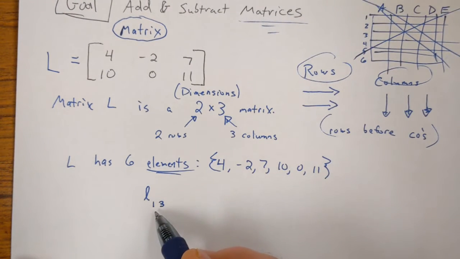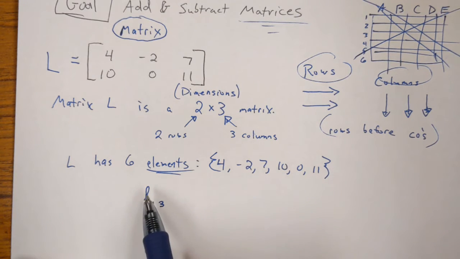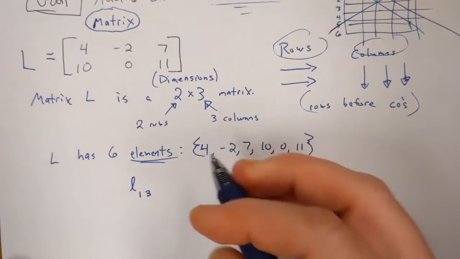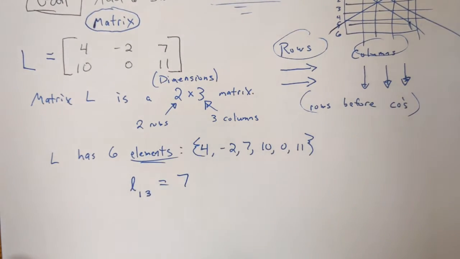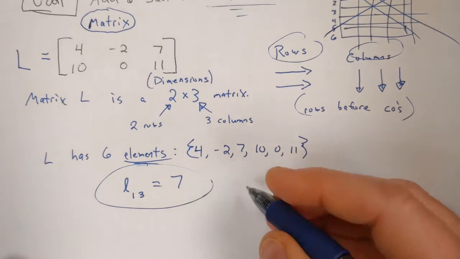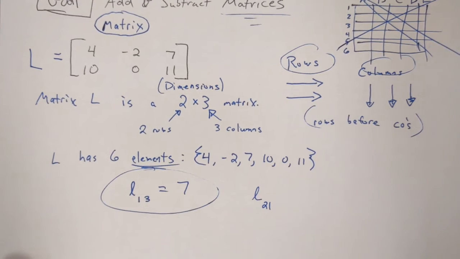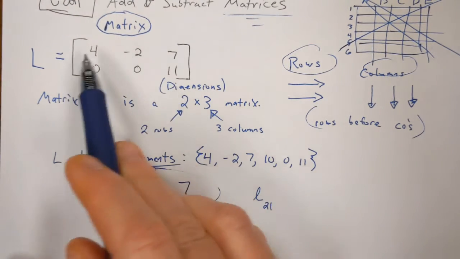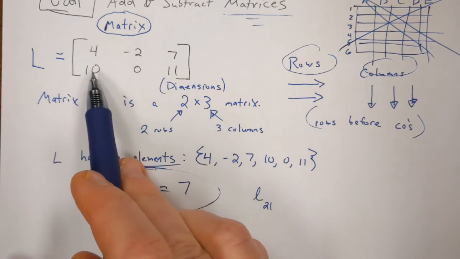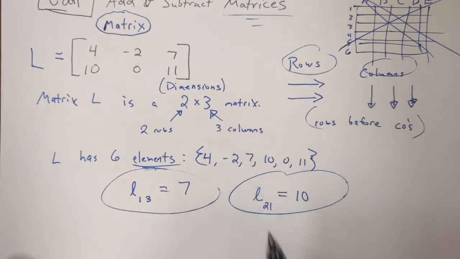Sometimes I've seen a little comma separating these two, but a lot of textbooks don't even put a comma. Lowercase l 1, 3 is equal to 7. That's how we could name a particular element. Or I could do it in reverse. I could say find L21, and you would go to the second row, the bottom row, and to the first column, and the answer would be 10.